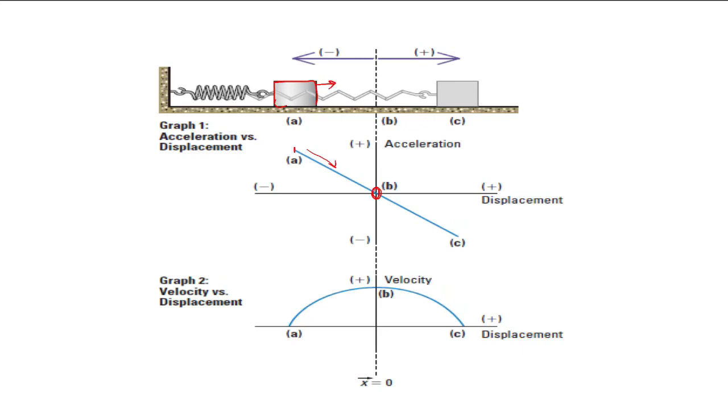But as soon as it goes past equilibrium, my displacement's now positive because it's to the right of the equilibrium, but now my acceleration's negative because over here, it wants to push it back that way, okay? So that's why my acceleration is 0 just for a moment, and that's when it's at equilibrium, okay?